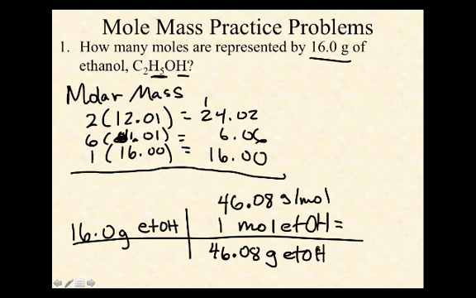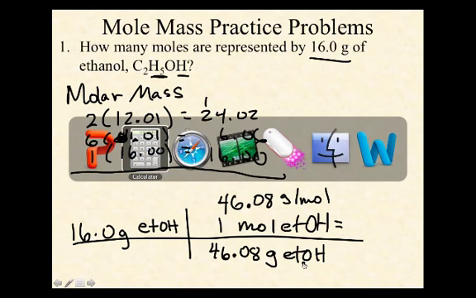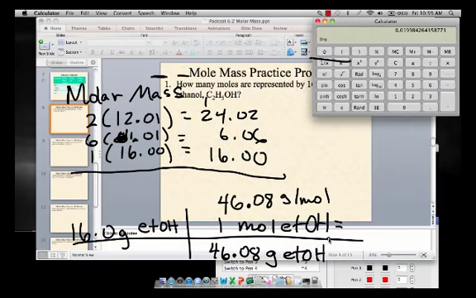46 should be somewhere around 1/3, because 16 goes into 48 3 times. So 16 divided by 46.08 gives us 0.347.